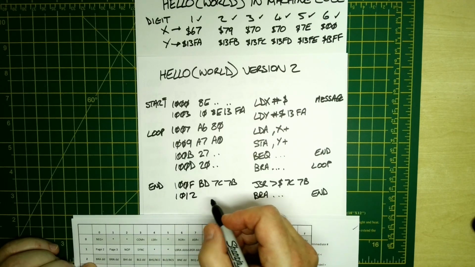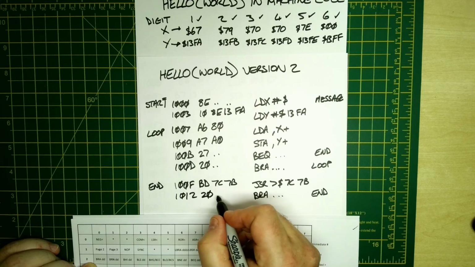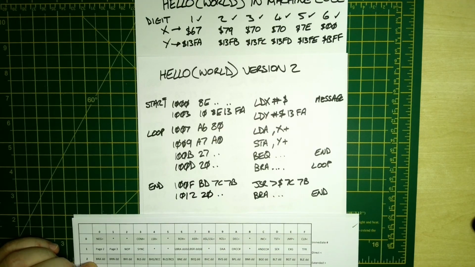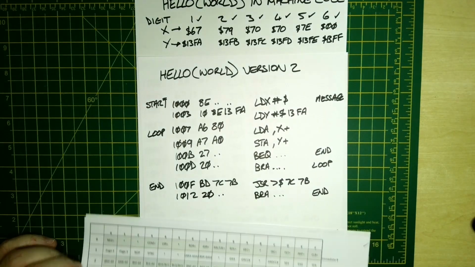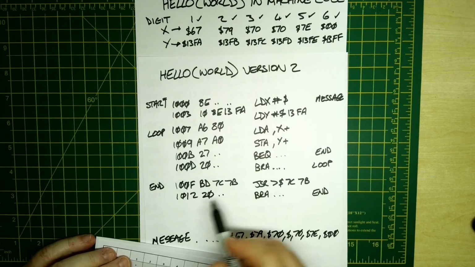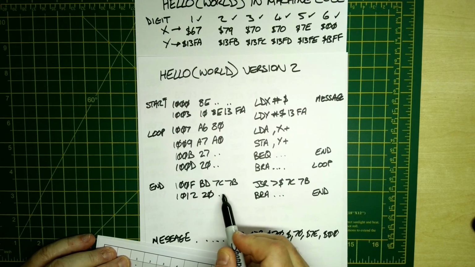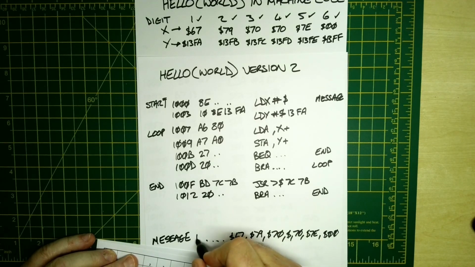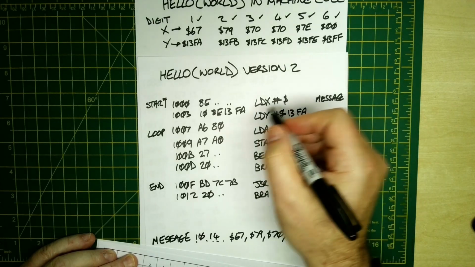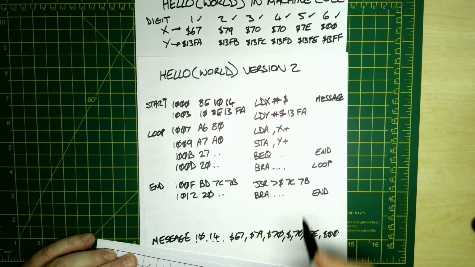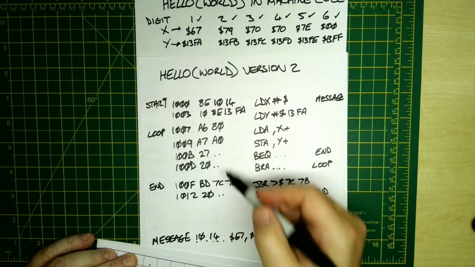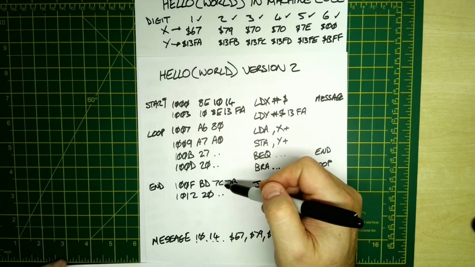So branch is 20, and we need to work out what the offset is. So that will just carry on going around there in that loop forever and ever. What that means is that if this is 1012, this is 1013, so this is going to be 1014. So in fact, our message up here is going to be loading 1014. And now we've just got the 3 relative addresses to find out.